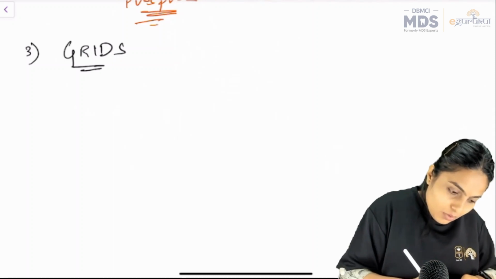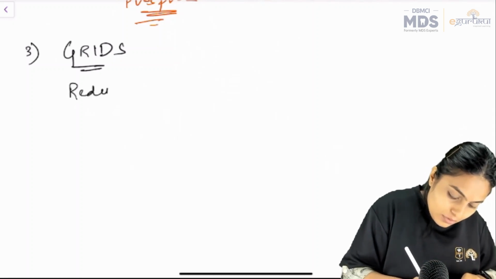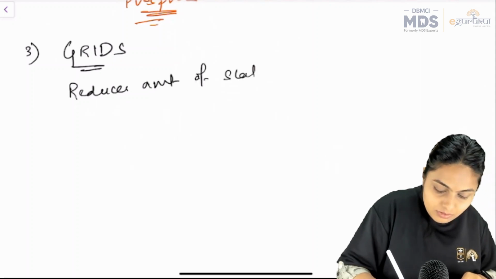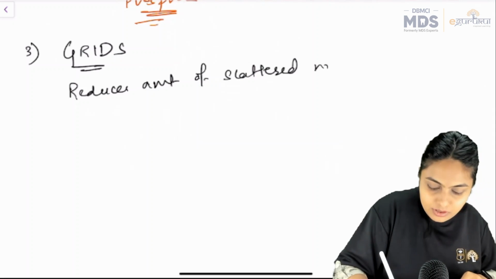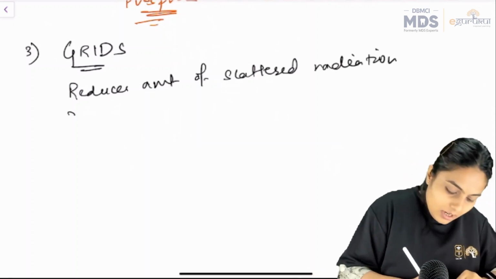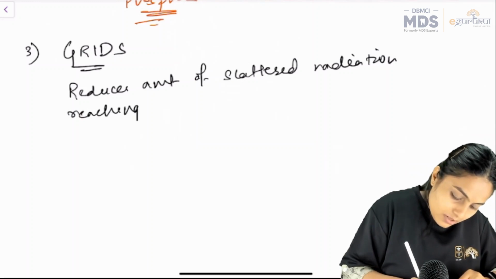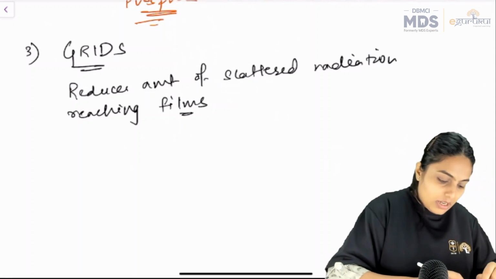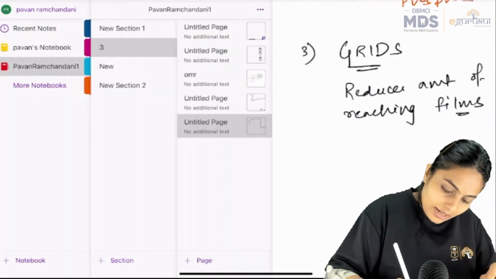So they reduce the amount of scattered radiation reaching the film. Okay, so I'll show you how the grid actually looks.